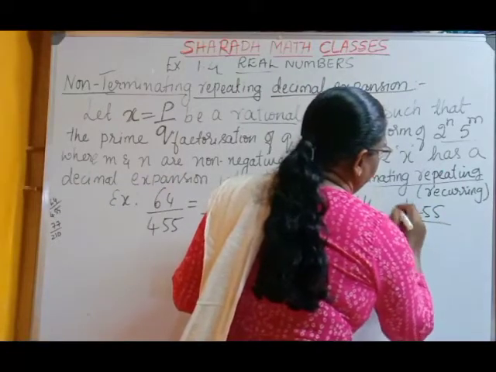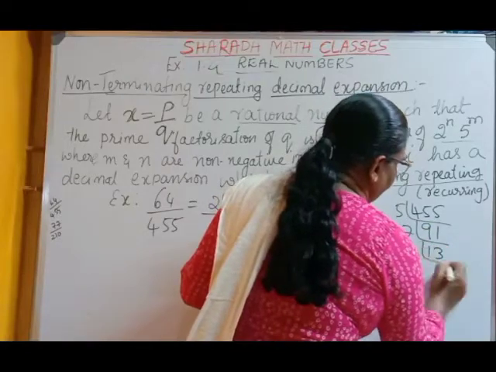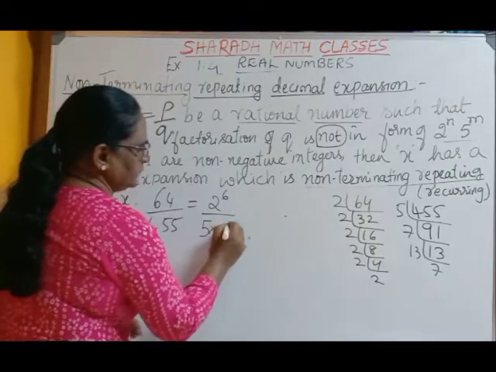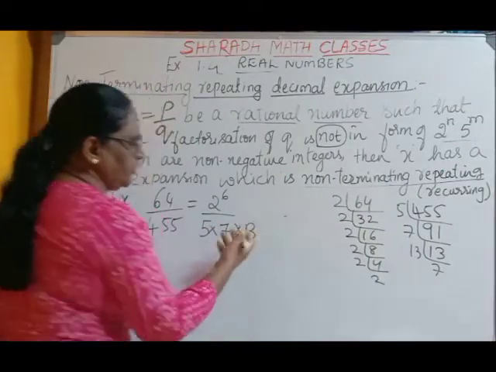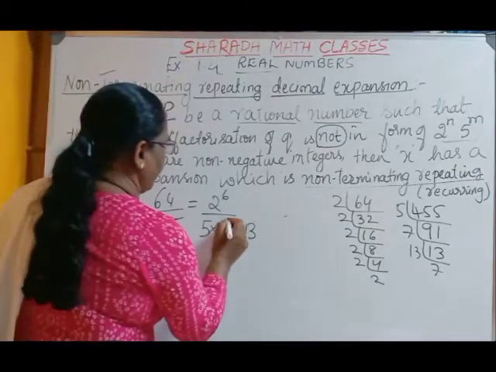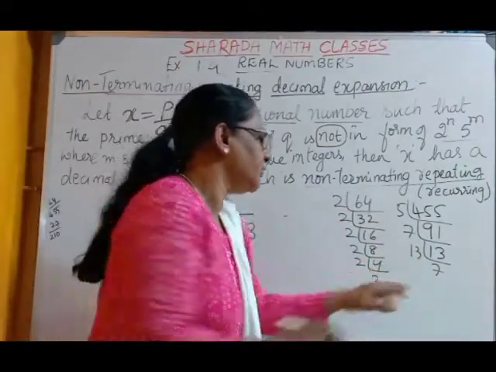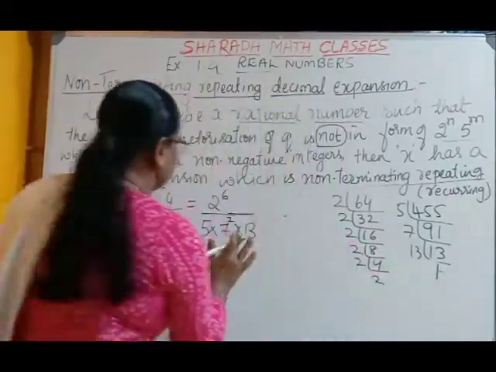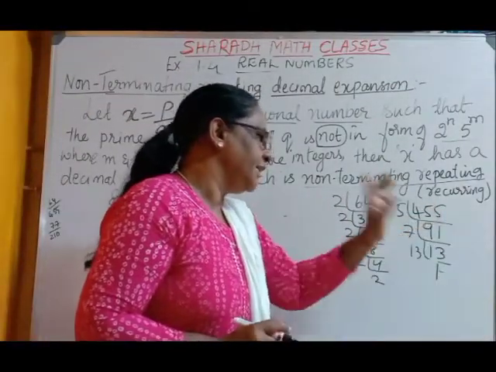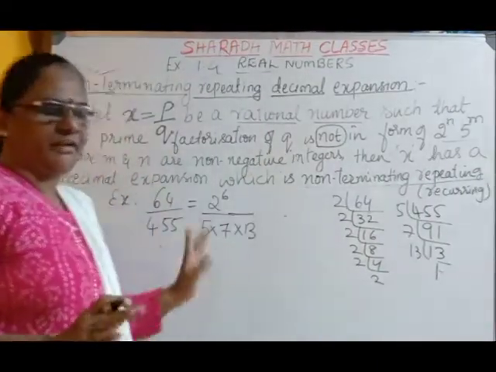From 5 you can divide. 5 9s are 45, 91. 7 13s are 91. 13 ones are 13. That means you have 3 factors, 5, 7 and 13.